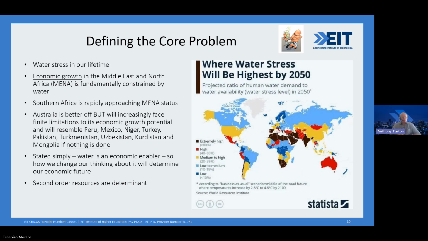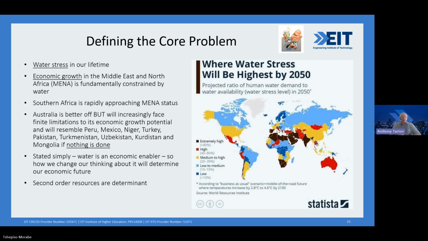And if you look at that map in particular, you'll see there are different colors, and black being the worst color, black for extremely highly stressed economies, and the softer colors, the blue colors, are the less stressed countries.